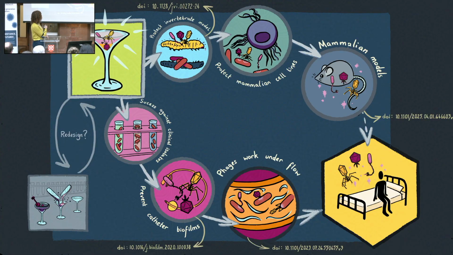So now we've got a lovely phage cocktail, but that's not the end of the story. We want to know if we can actually use these in patients. So this has taken two different routes. First of all, we check that our phages can work in catheters, and they work in this artificial urine media. And then we move on to the more complex biological interactions. So we introduce them into animal models which have their own microbiomes.